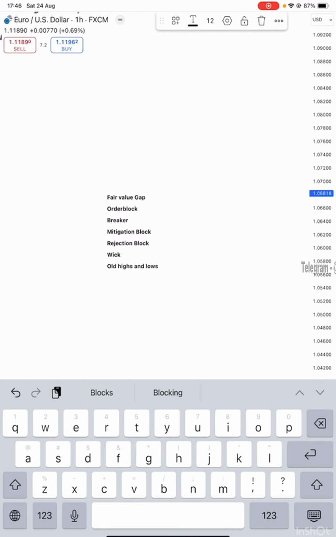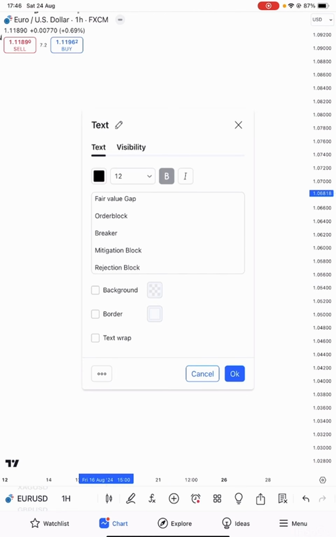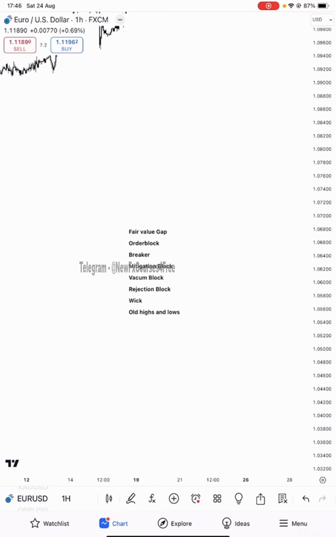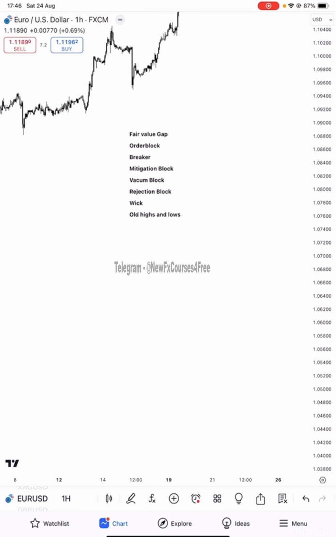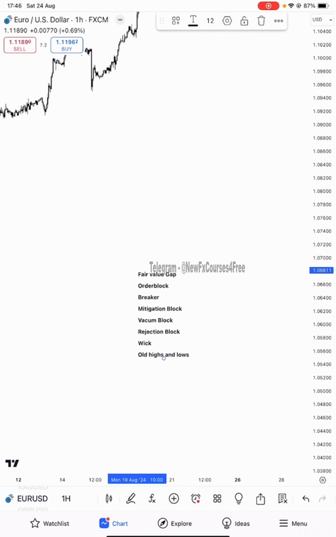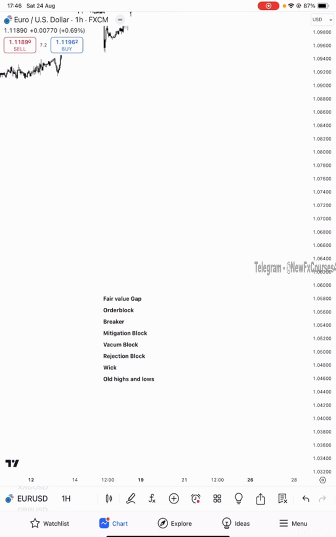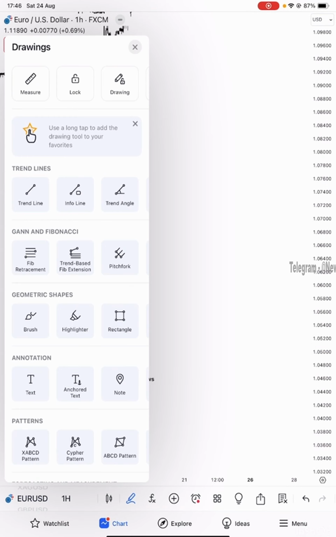Order block, breaker, mitigation block are specific, and also there is specific price level. Also there is mitigation block and more rare vacuum block. If you attended the core content, you know what a vacuum block is.